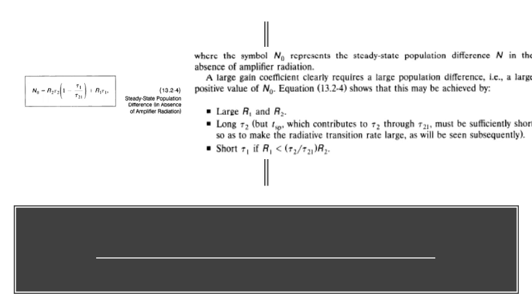In this, N represents the steady-state population difference in the absence of amplifier action. A large gain coefficient clearly requires a large population difference.